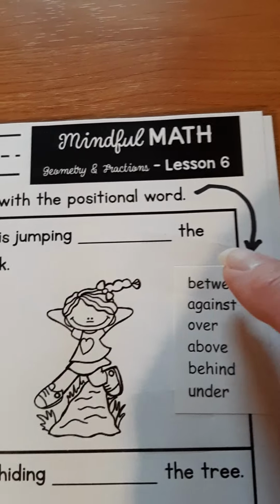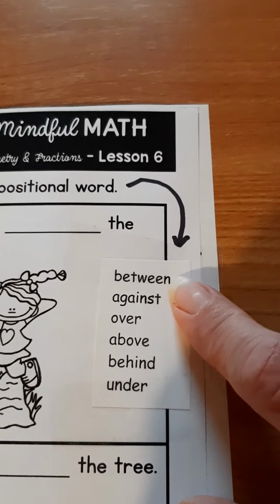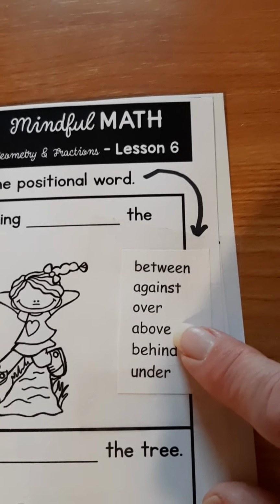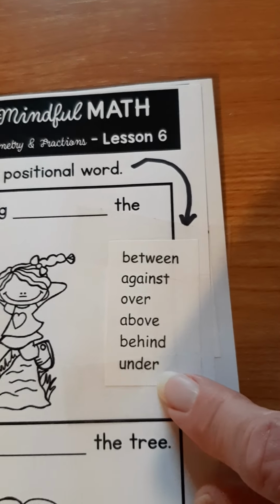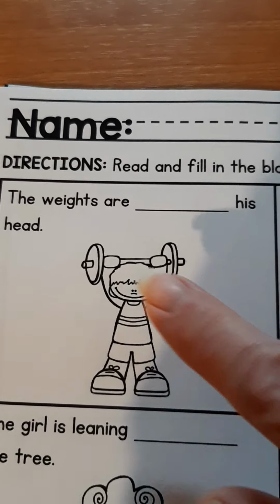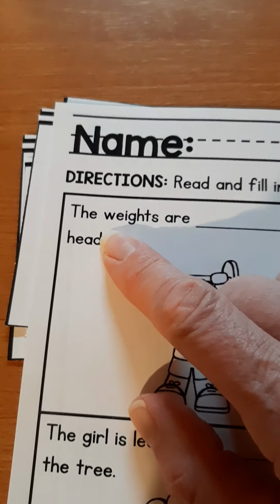Read and fill in the blanks with the positional word. And Mrs. Card gave you the list that you're to use. So you have to pick from between, against, over, above, behind, and under. Okay? So there's a very strong boy lifting some weights.